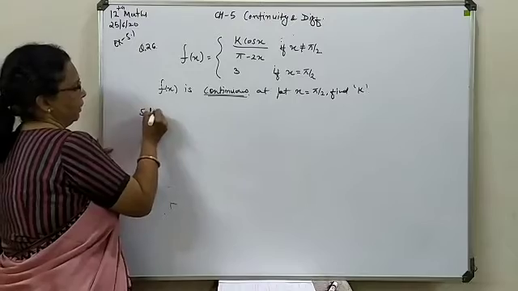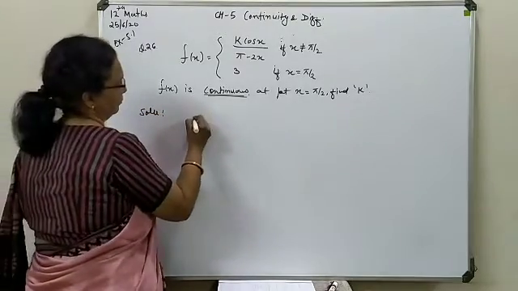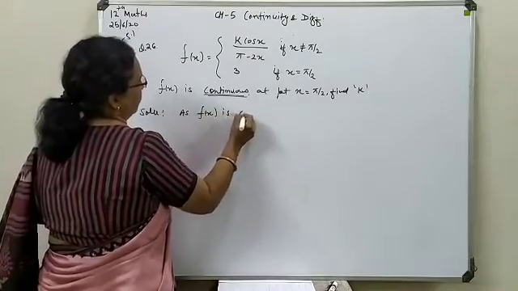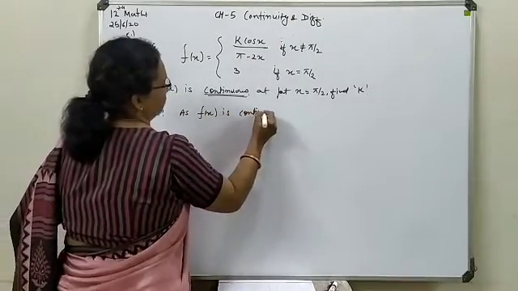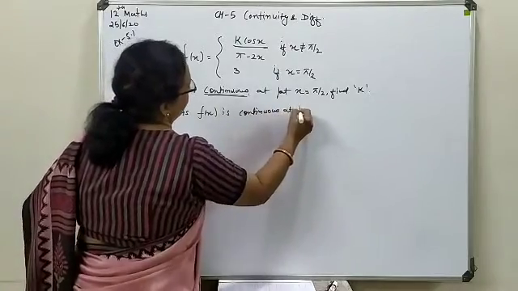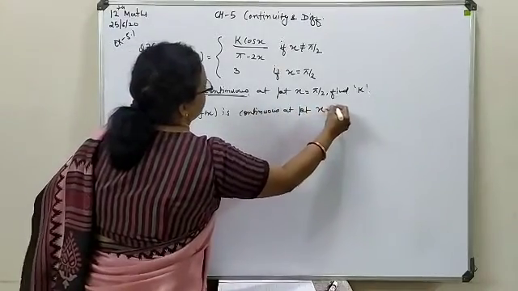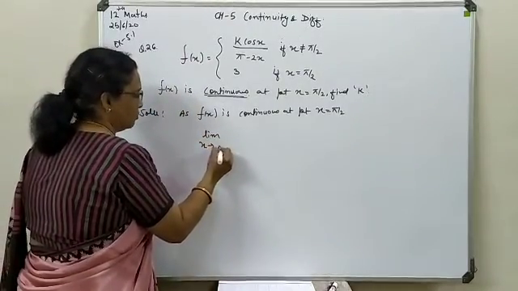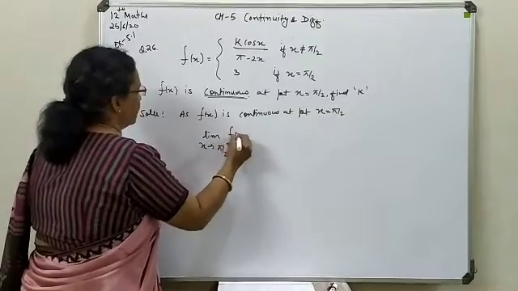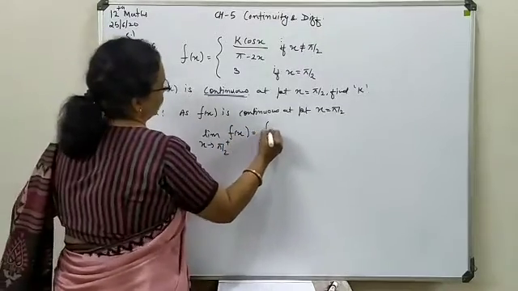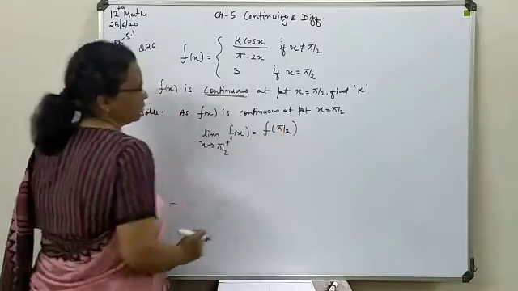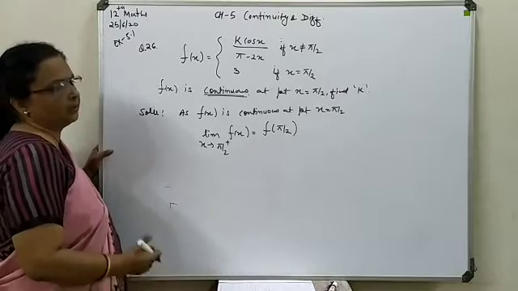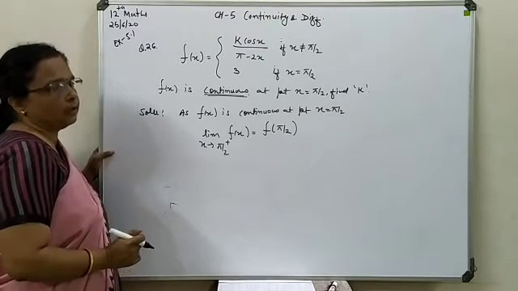So here you will write the solution: f(x) is continuous at the point x is equal to pi by 2, which means limit x tends to pi by 2 plus or minus f(x) will be the same as f of pi by 2. Among the three conditions, any two conditions you can follow for checking.